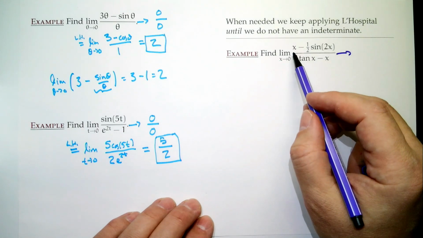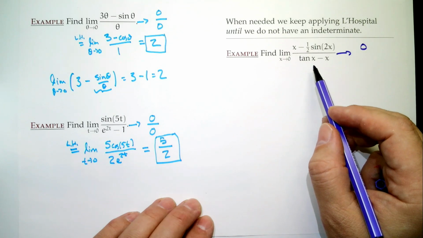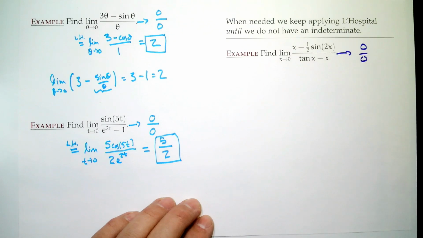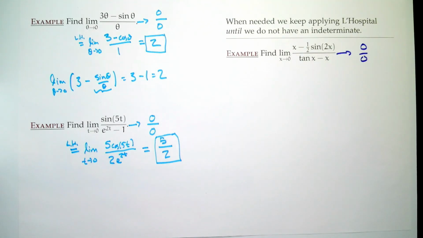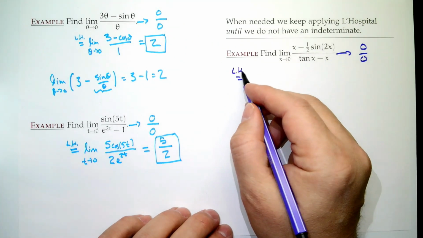You're going to get 0 minus 0, which is 0. Downstairs, what do you get? 0 minus 0, which is 0. Which means we need to do more work. And of course, our more work, L'Hopital. Oh, L'Hopital. Mon ami. Okay. So we're going to apply L'Hopital.